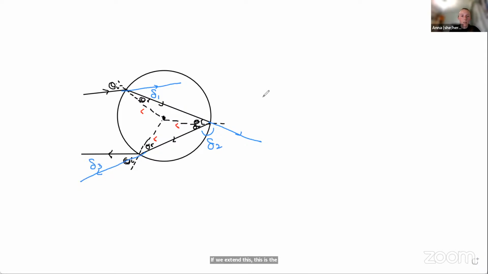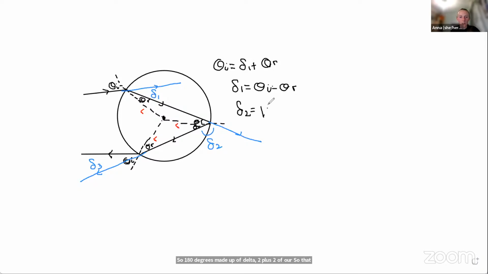So then looking at our diagram, by the same argument as before, theta I is delta 1 plus theta R. So that means delta 1 is theta I minus theta R. Then here we have a straight line, so 180 degrees, made up of delta 2 plus 2 theta R. So that means that delta 2 is 180 minus 2 theta R.